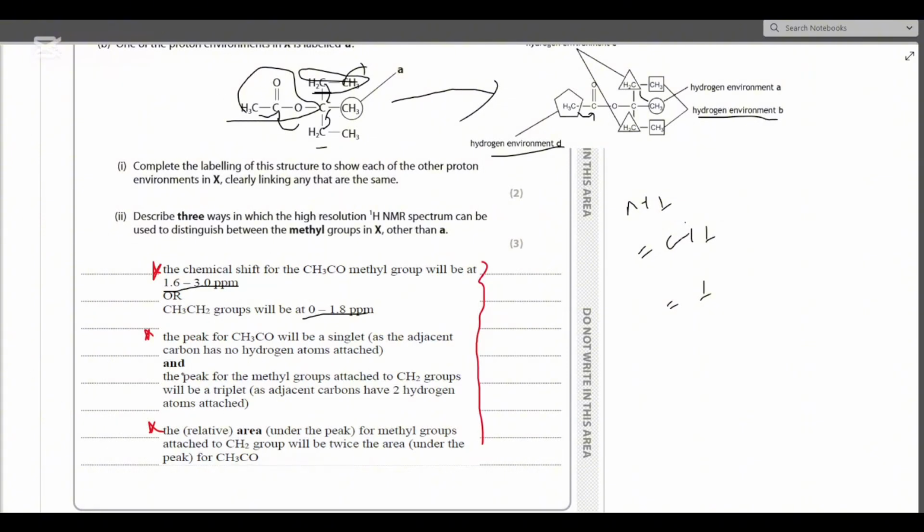If I talk about the next one, the peak for the methyl groups attached to the CH2 group, they are going to be a triplet. See clearly, the adjacent carbon atom right here consists of two hydrogen atoms. So obviously it's going to be a triplet, according to the n plus 1 rule, 2 plus 1.